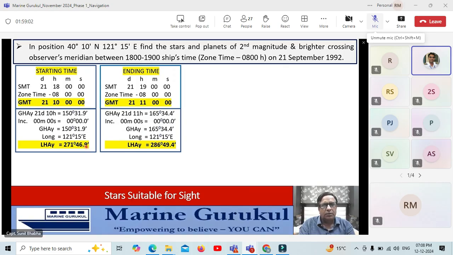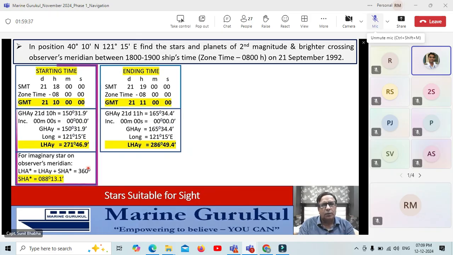Now we find out the SHA of the imaginary star on the observer's meridian at the starting of the interval and at the time of the ending of the interval. So for imaginary star on the observer's meridian at the commencement of the interval, LHA star, which is equal to 360 degrees, will be equal to LHA Aries of 271 degrees 46.9 minutes plus SHA star, which gives us the value of SHA star to be 088 degrees 13.1 minutes at the commencement of the required interval.